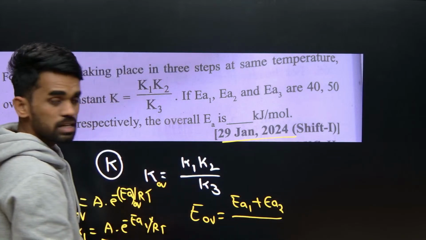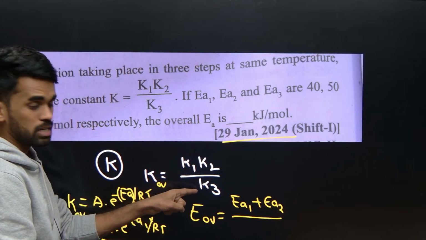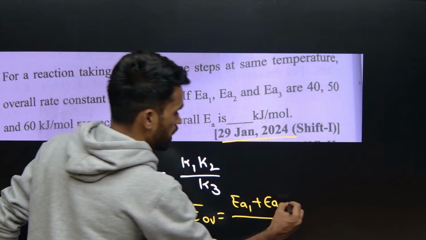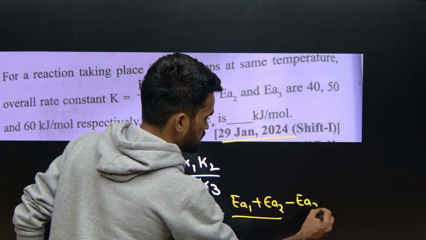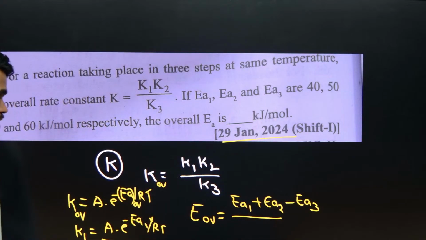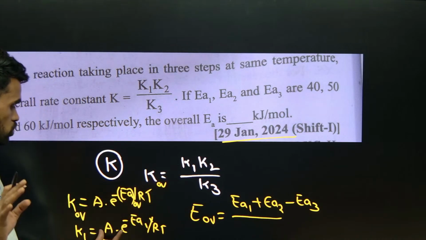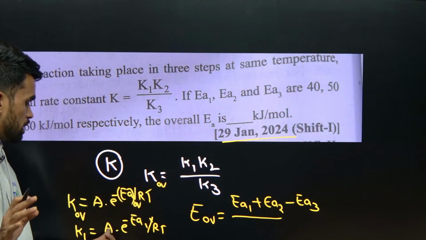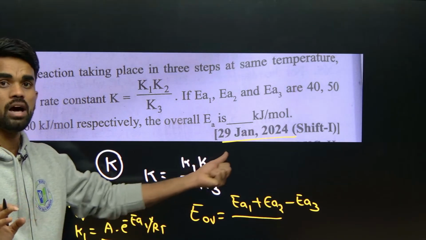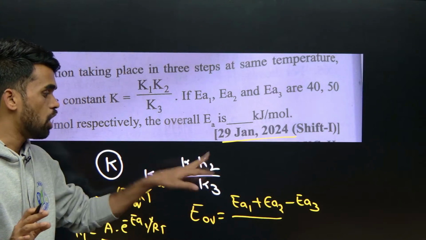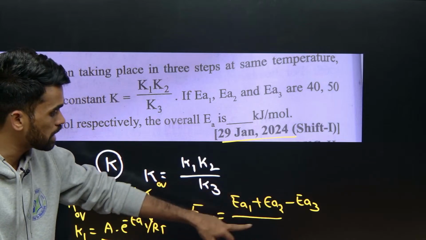If K3 is in the denominator, write that as minus EA3. That's the final equation you need to get the answer. Wherever we have K1, insert this, and for K2 again e to the power minus EA2 by RT, like that for everything. Upon simplification, you will get an equation like this.